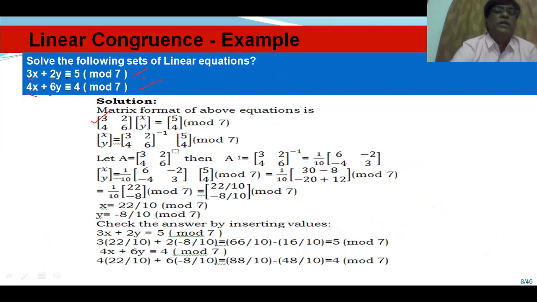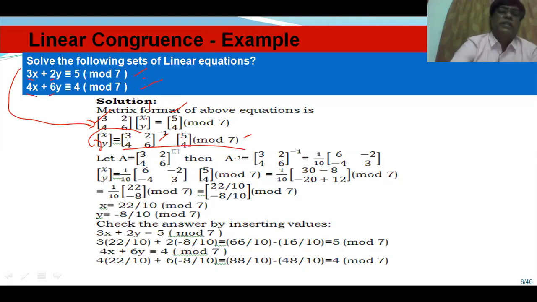Then what are the variables? x, y. This is another matrix. What are the b values? 5, 4. This is another matrix, and mod 7. So these two equations are rewritten as three matrices. Now (x, y) is equal to the inverse of (3, 2, 4, 6) into (5, 4) mod 7.